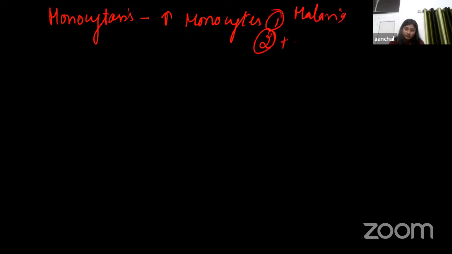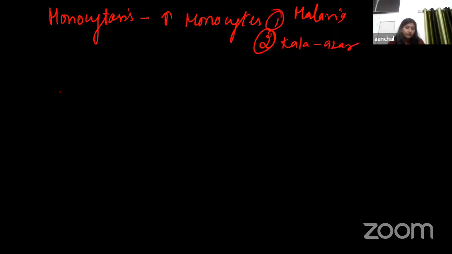Then next we have monocytosis. So again, cytosis indicates the increase in monocytes, right? And the causes could be in case of malaria, in case of Kala Azar. So these are the causes of monocytosis.